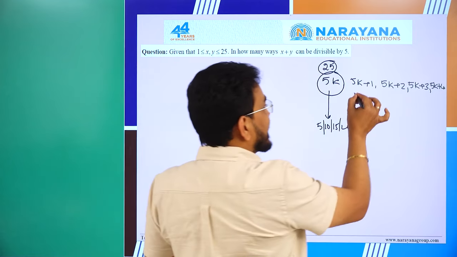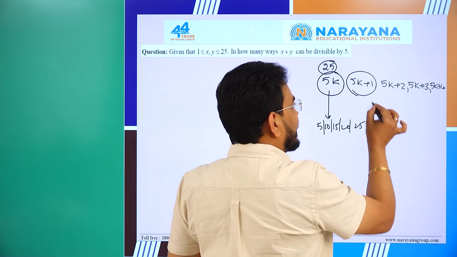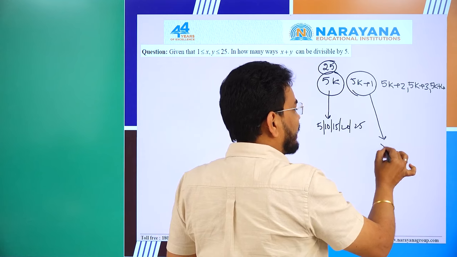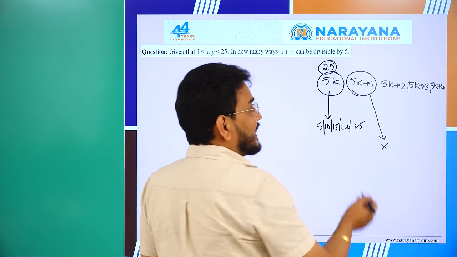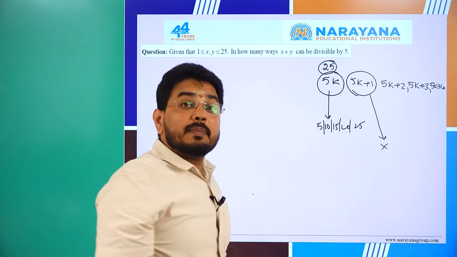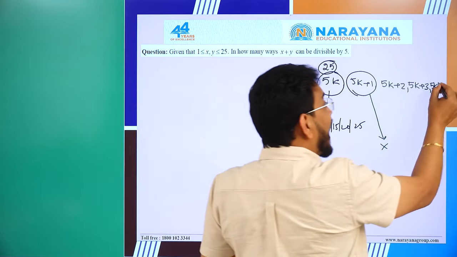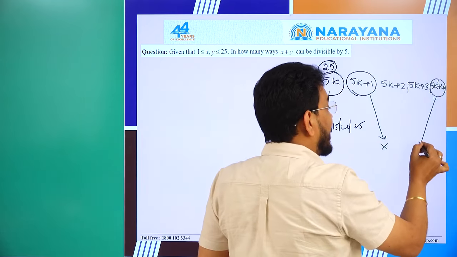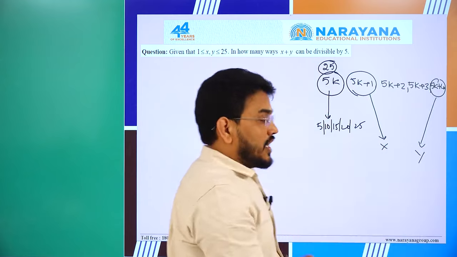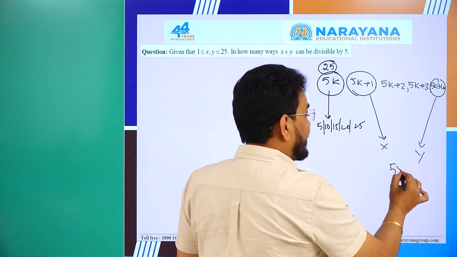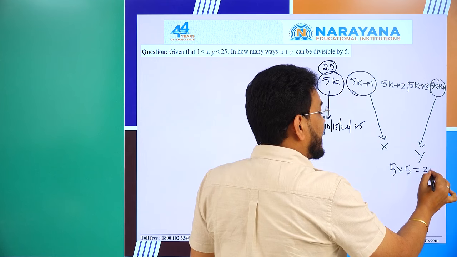Now if x is coming from 5k plus 1, the sum should be divisible by 5, so y should be from 5k plus 4. So this is 5 into 5, you have 25.